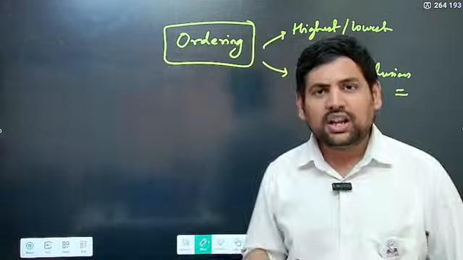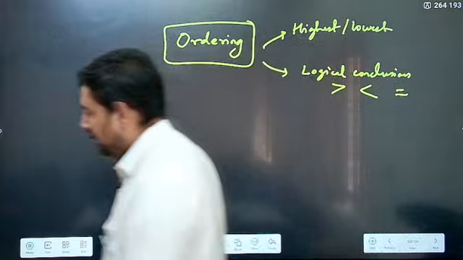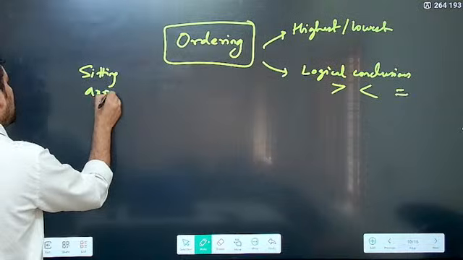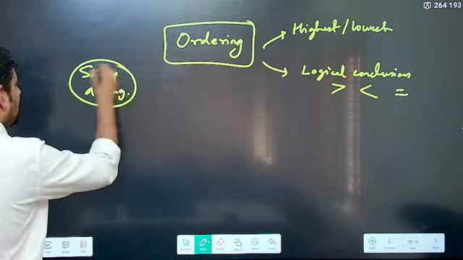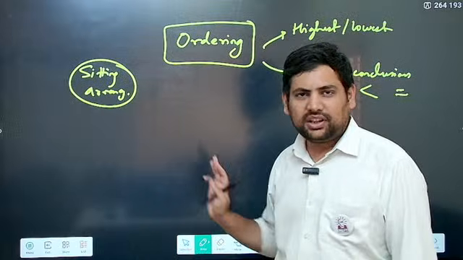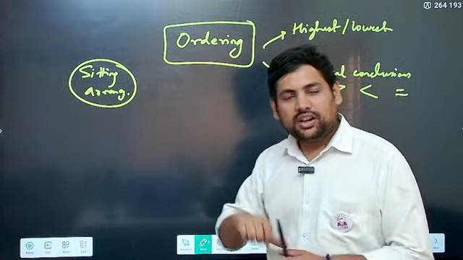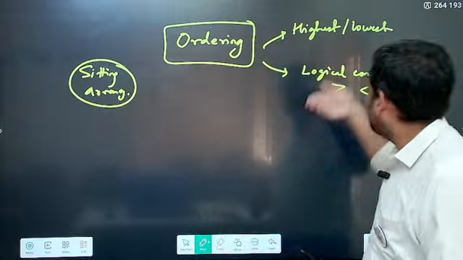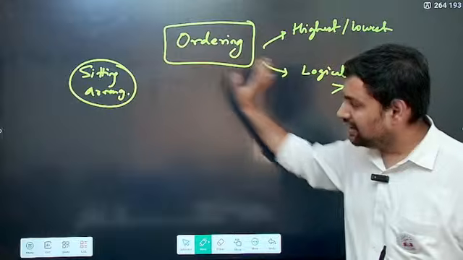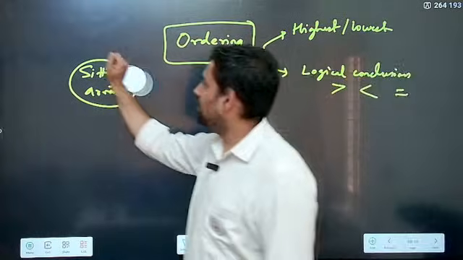This is ordering. Please just read the question and don't confuse it with sitting arrangement. I have seen many times that students just leave this, thinking that it is some very difficult problem. But please observe, just read the last part of the question. If it is highest or lowest or just some very basic logical conclusion, then it is ordering. And we will learn how you do it.